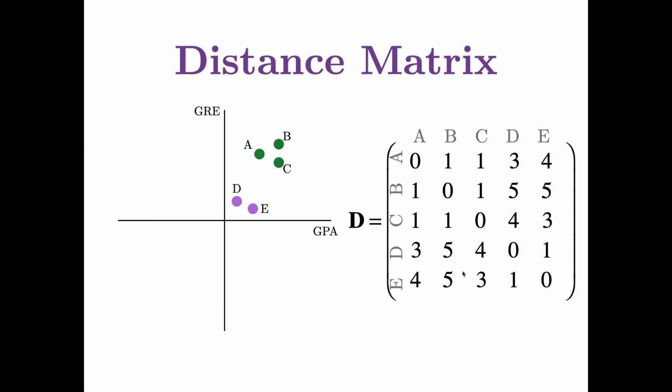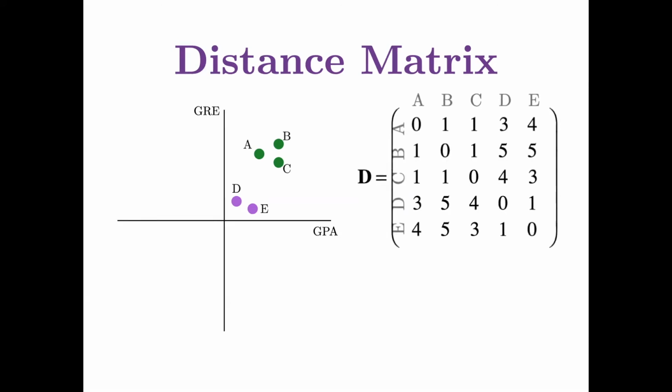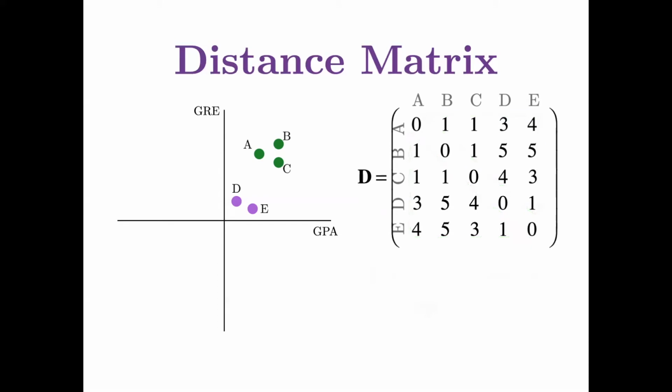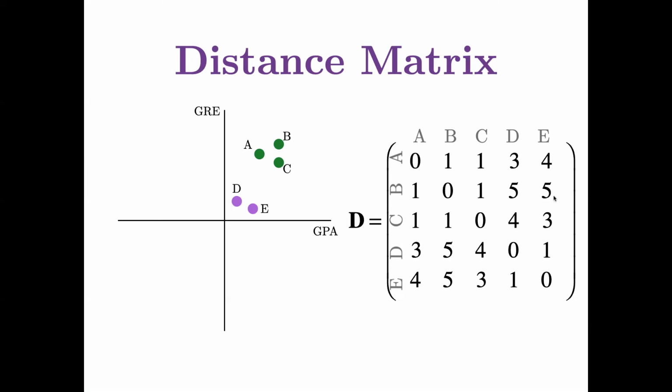I like to call this fold over symmetry because I remember kindergarten or first grade when we talked about fold over symmetry, and it's fold over symmetry along the main diagonal. That's what we refer to as a symmetric matrix. And that's because the distance between point E and B will always be the same as the distance between point B and E. Distance is a symmetric measurement.